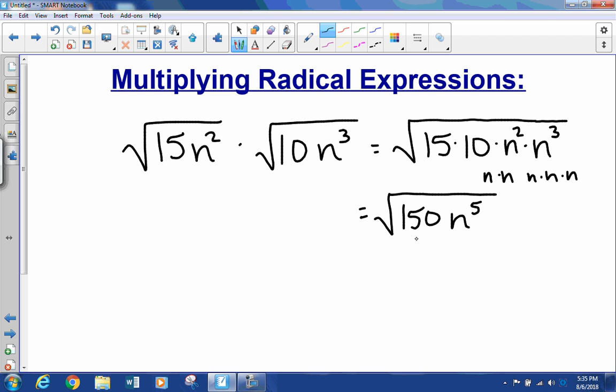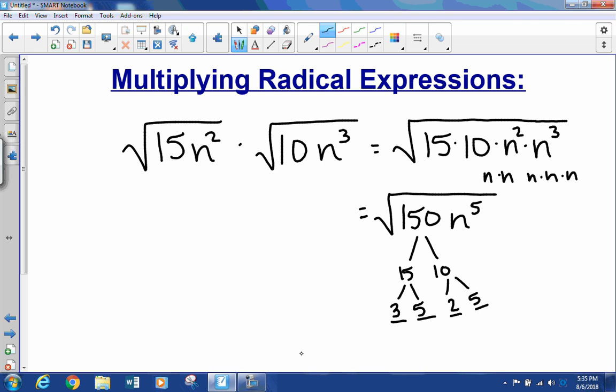Now this is just a problem like we've seen in our simplifying radical expressions notes, and so I'm going to start by breaking down the numerical part of the radicand. 15 and 10 are two factors whose product makes 150. I can break 15 down into 3 and 5. Both of those are prime numbers, so I underline them. 10 gets broken down to be 2 and 5, which again are prime numbers, so I underline them.